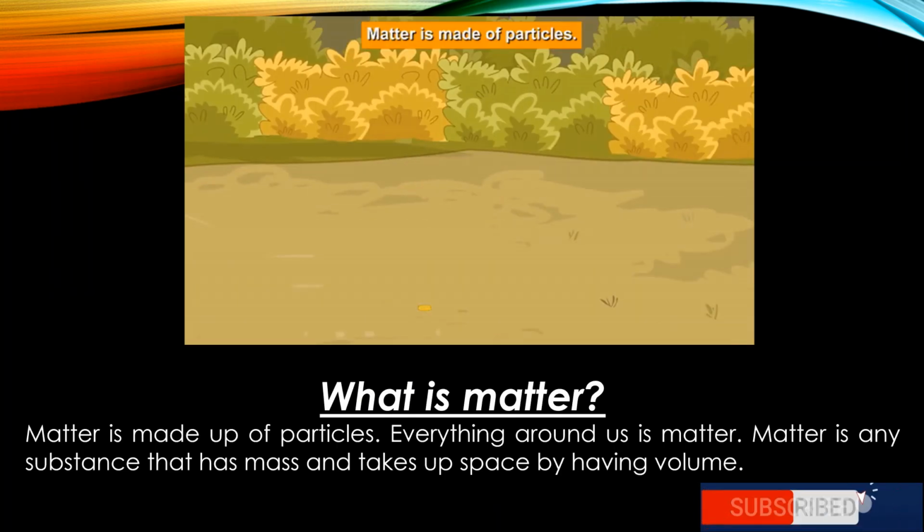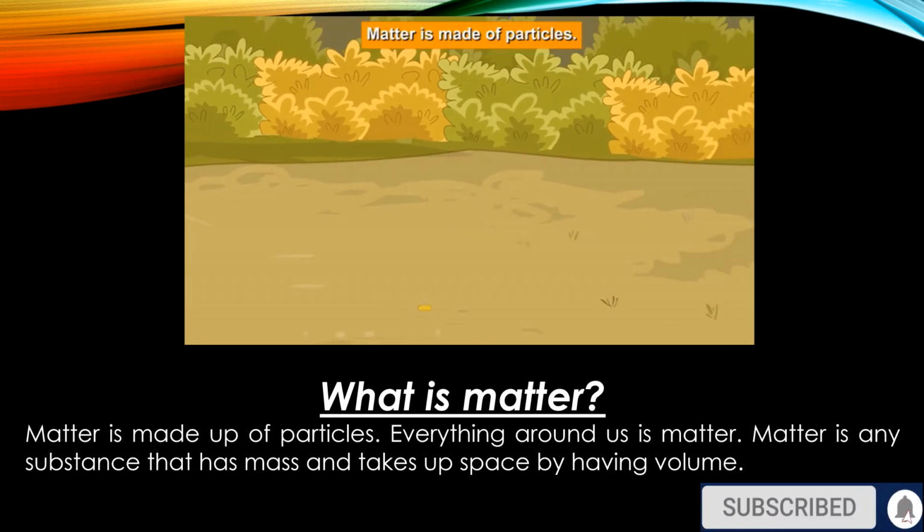So starting with matter, what is a matter? We have never given a thought to how we can define it or how anybody can know what matter is. But after some experimentation and observation, we got to know about matter. Matter is made up of particles.